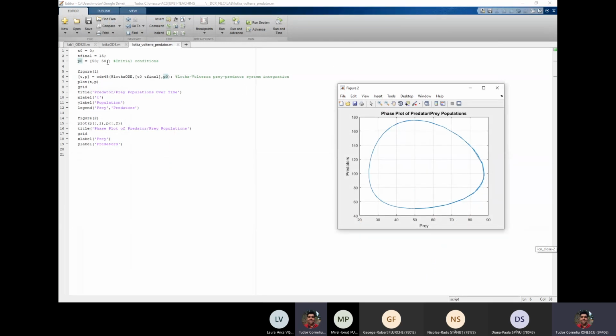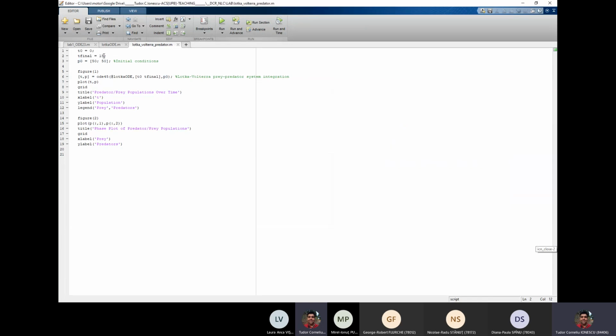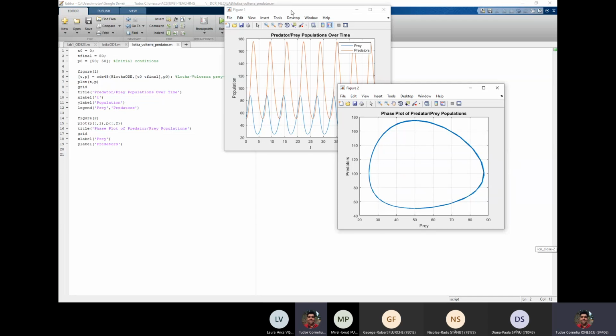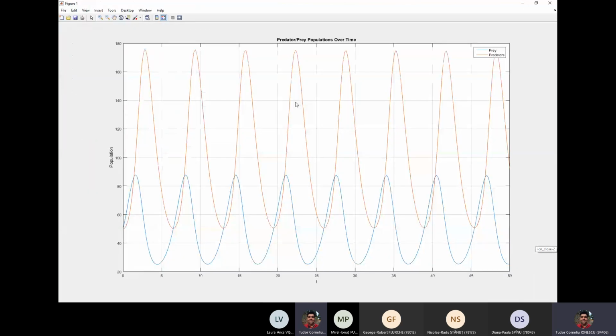So if you start with equal initial conditions, let's just put 50 and run the simulation for a longer time. See what happens. Look at the evolution. This is constant, right? You see that? So it looks like a stable evolution, true?